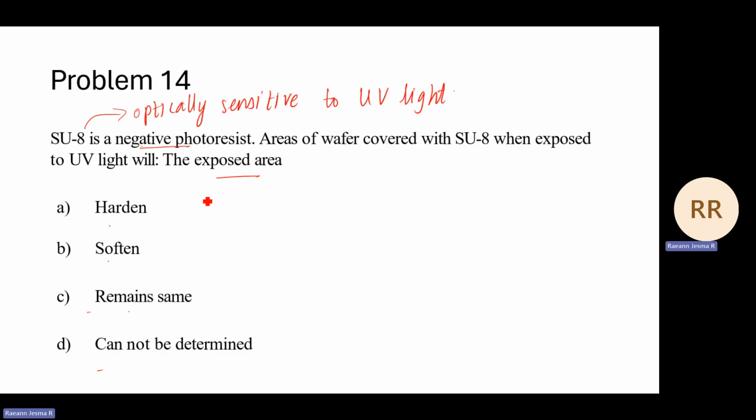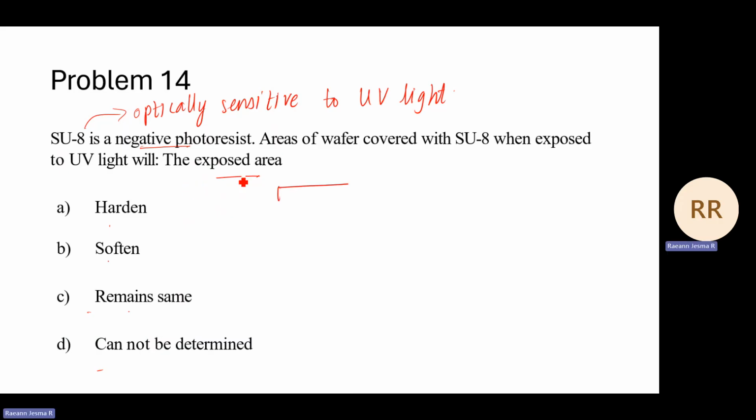So what is a negative photoresist? It is one in which whichever region the light is exposed to will harden or cross-link, whereas the regions where the light is not exposed will get dissolved in the developer.